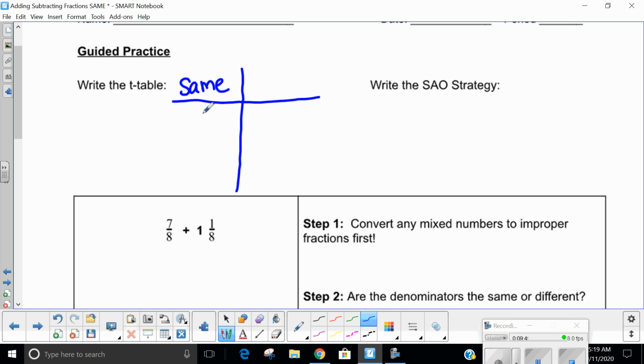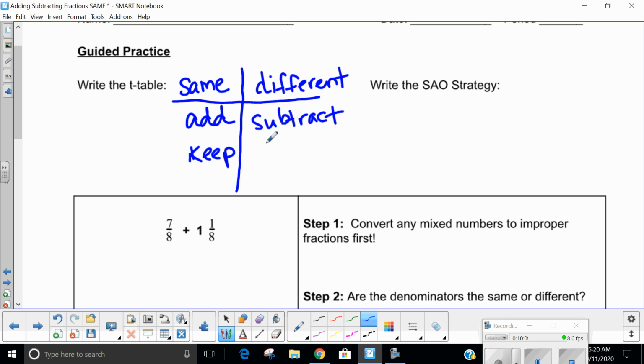Same sign, add. Different sign, subtract. Same sign, keep the sign. Different, keep the larger.